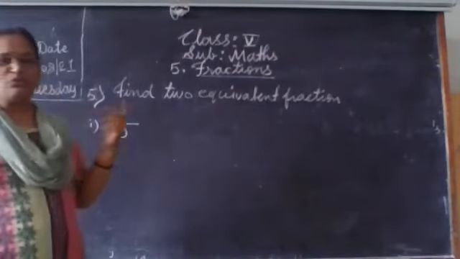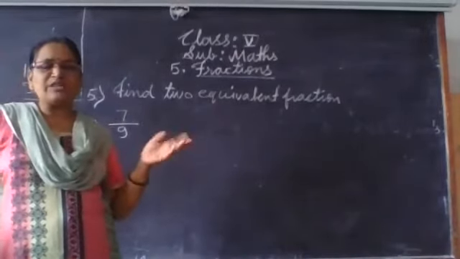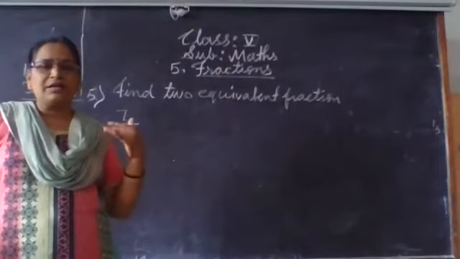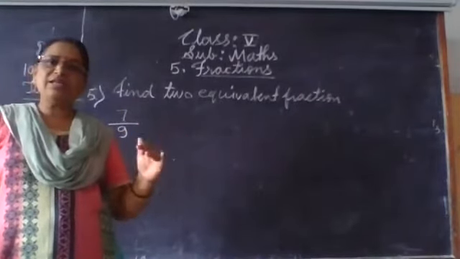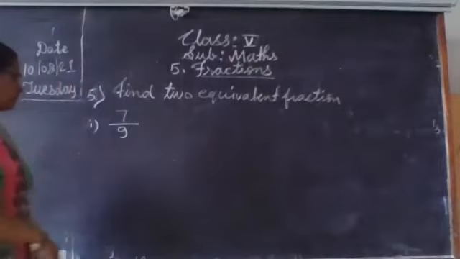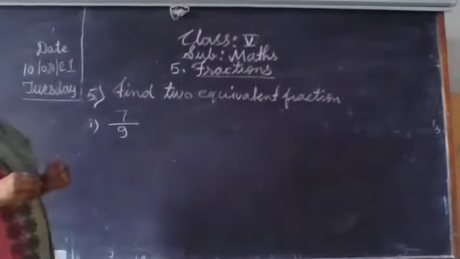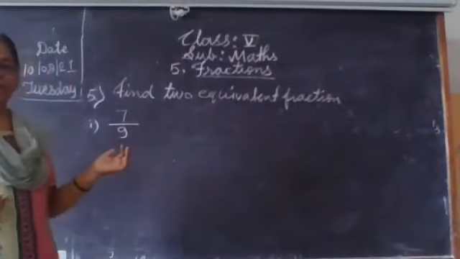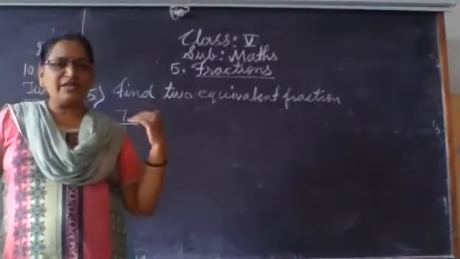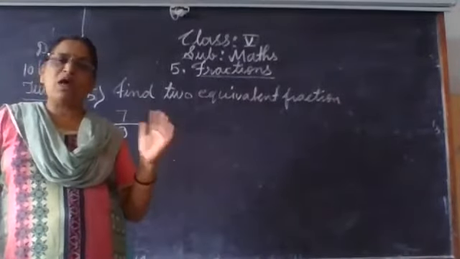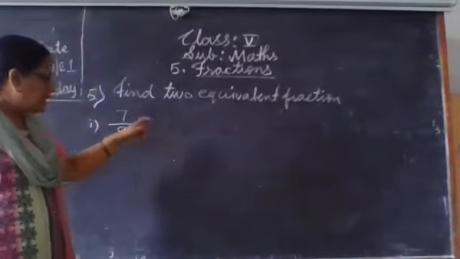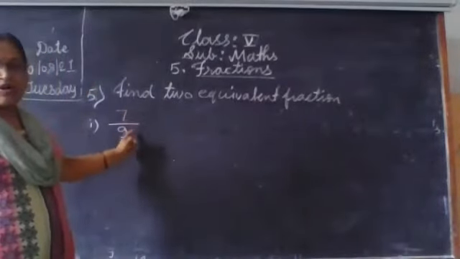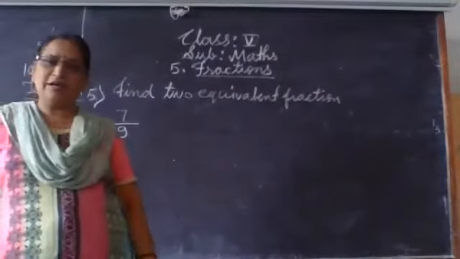Okay, so to find two equivalent fractions, we will multiply by any natural number. So you can multiply by any natural number to find equivalent fractions. But to find equivalent fractions by the division method, you have to use only the common divisors of both numerator and denominator.